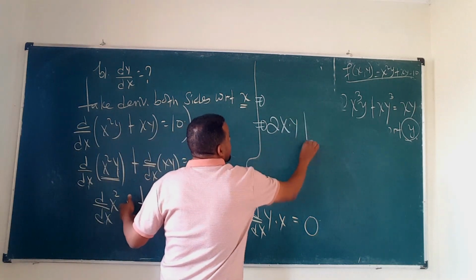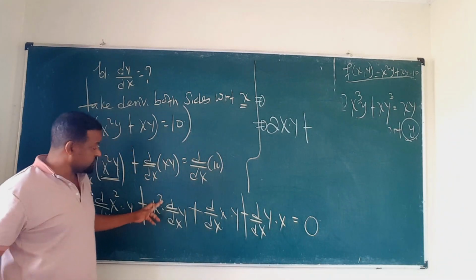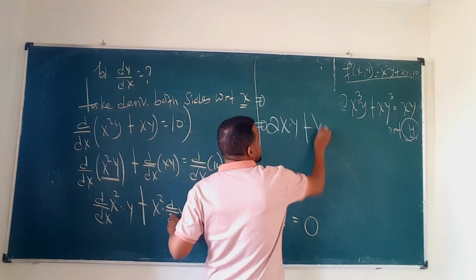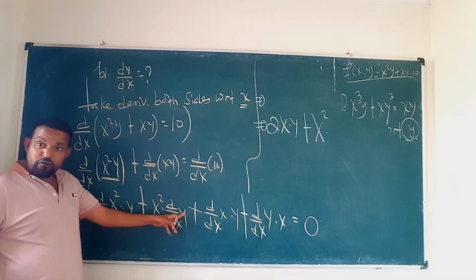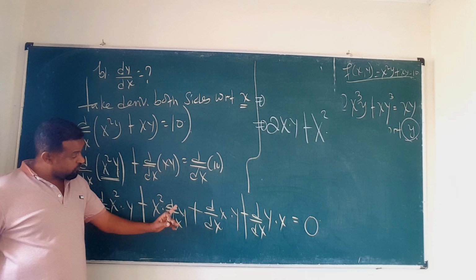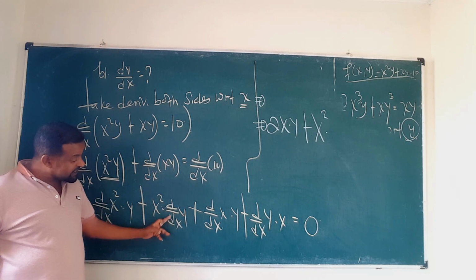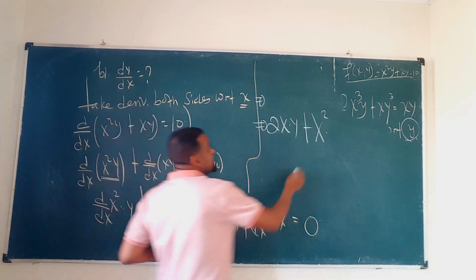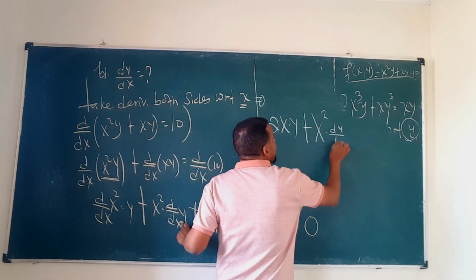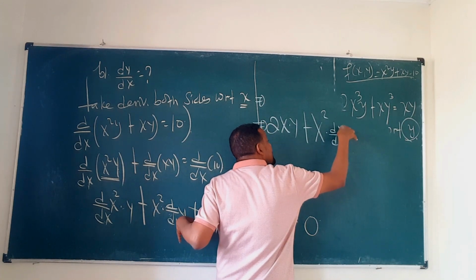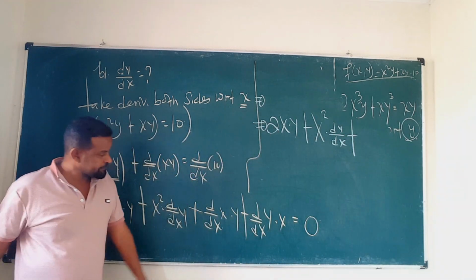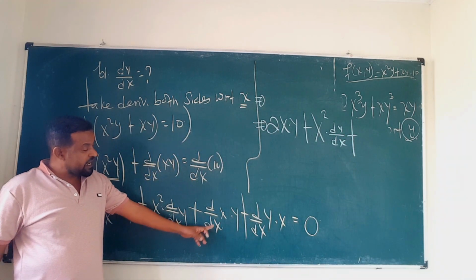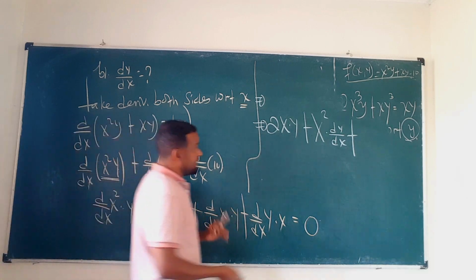Plus x squared times the derivative of y. The derivative of y is 1, but the derivative is taken with respect to x, so we write dy/dx, meaning y is differentiated with respect to x. Plus here d/dx of x is 1, times y.